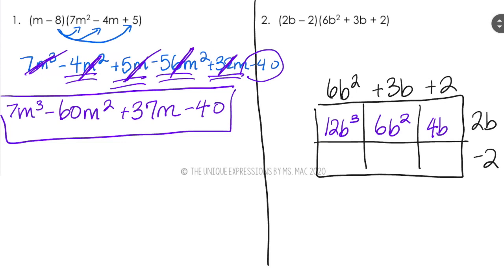Moving down, 6b to the second power times negative 2, negative 12b to the second power. Moving to the right, 3b times negative 2 is negative 6b. And my last box is 2 times negative 2, which is negative 4. And my like terms are on the diagonal. I'll draw out all of my arrows.